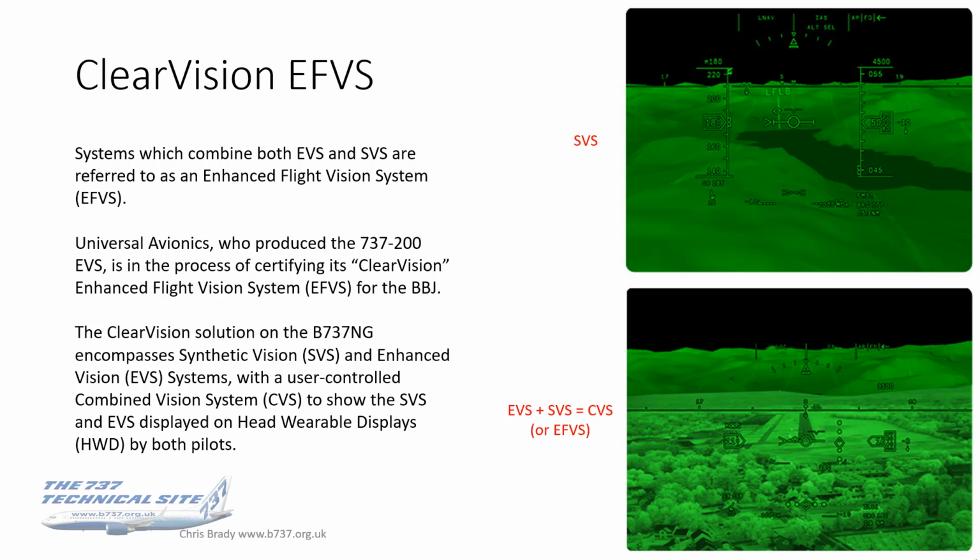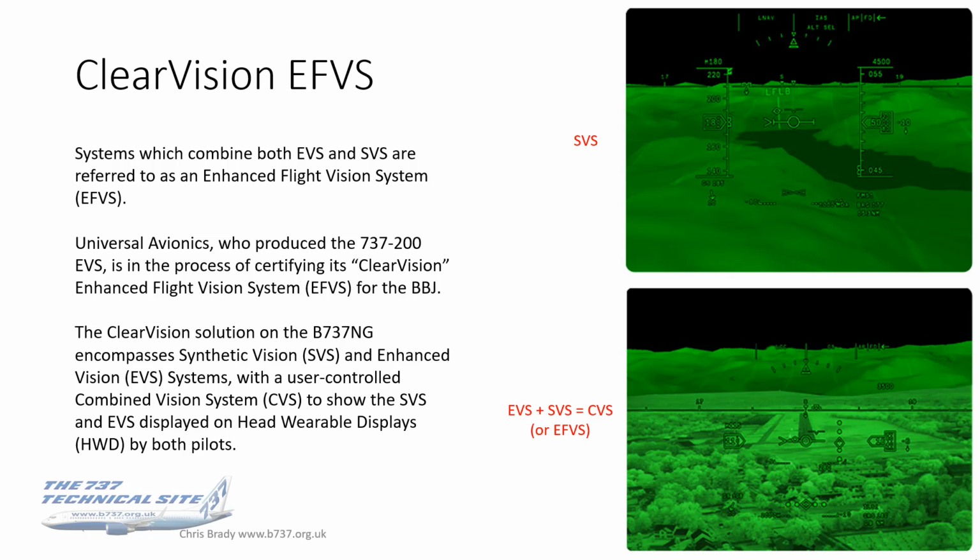So the upper photo is just SVS, and that's showing the terrain. That is modelled from an internal database within the computer. That is not real world imagery. It's from a computer generated model.